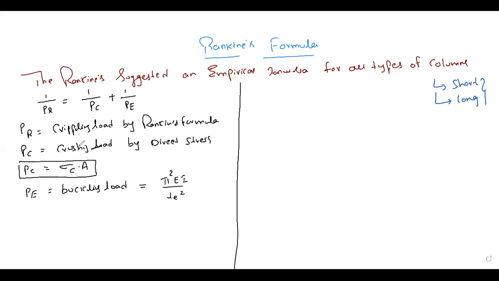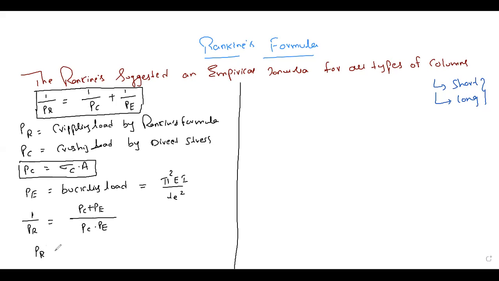Right. Now substitute these values over there. Before that, let me write this in very clear manner. Inkokadi clear ga radam. So 1 by PR is equal to PC plus PE by PC into PE.